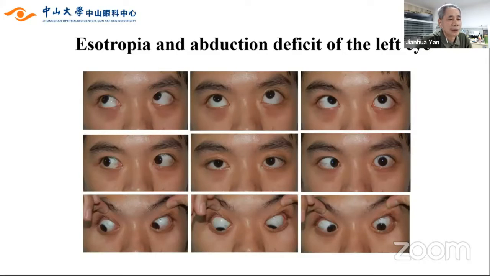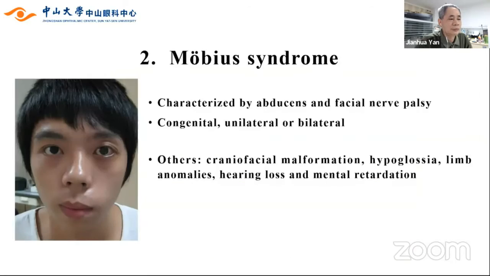Yeah, this is the second case. He has left eye esotropia and abduction deficit. What's the diagnosis? Yeah, look at his face. He has seventh cranial nerve palsy also. He was born with this kind of situation, and the deviation is stable also.